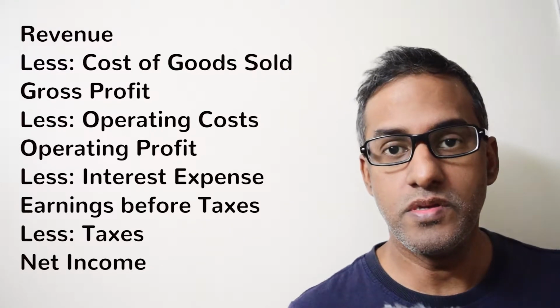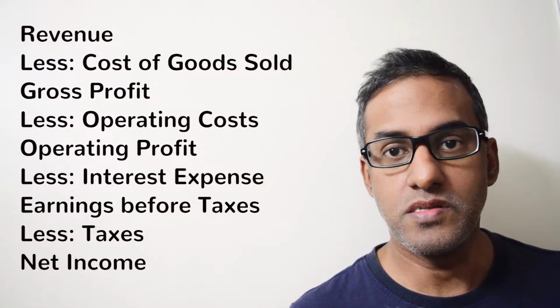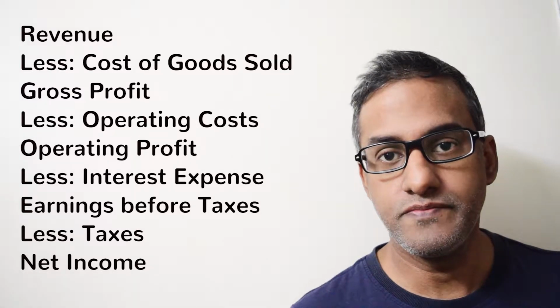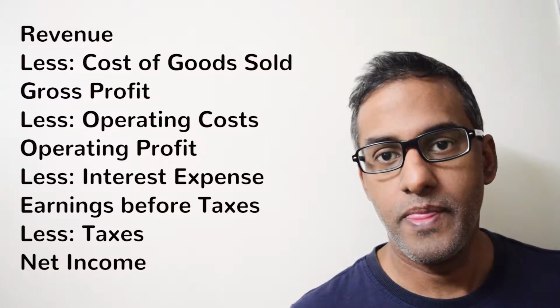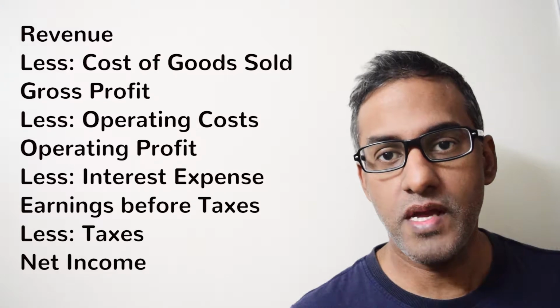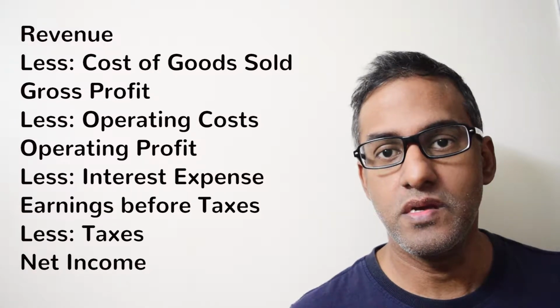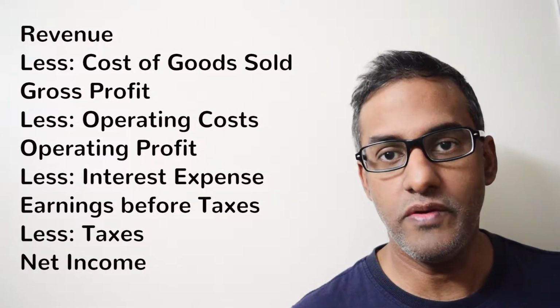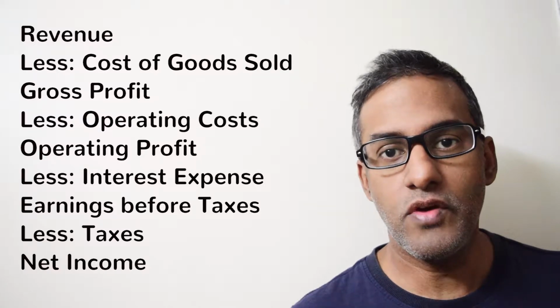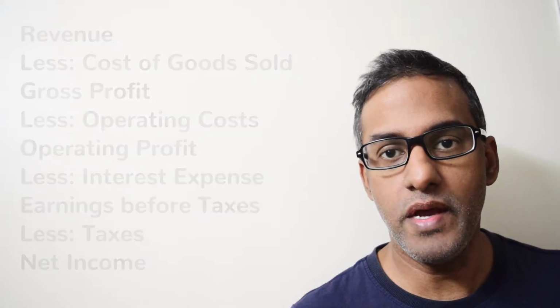From there, you would deduct operating expenditures and arrive at operating income. After that, you would deduct taxes, interest expense, and other gains and loss to arrive at net profit, also known as the bottom line. We start off with the top line, also known as revenue, turnover, or sales.